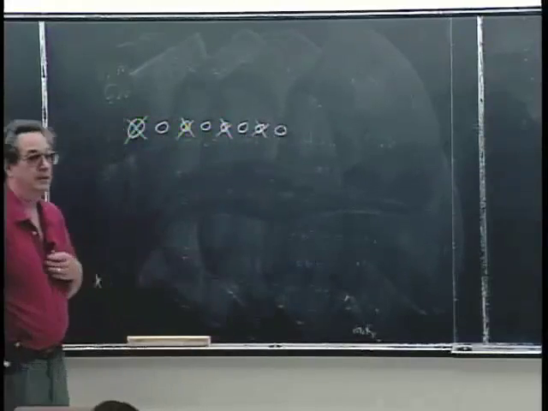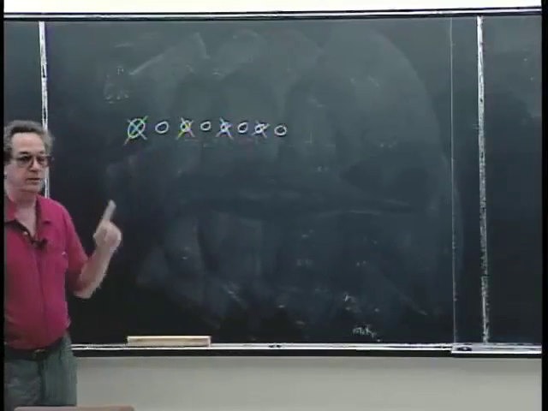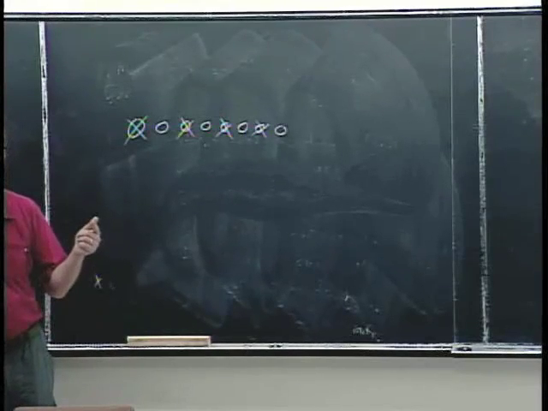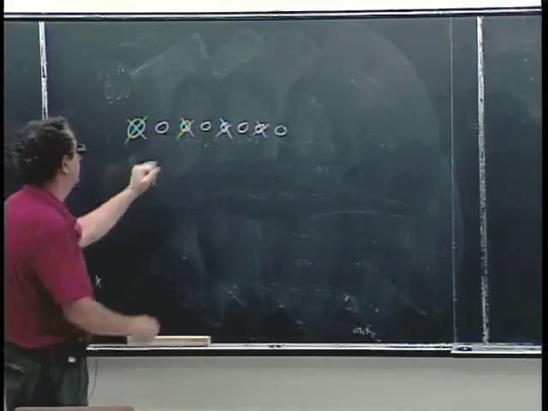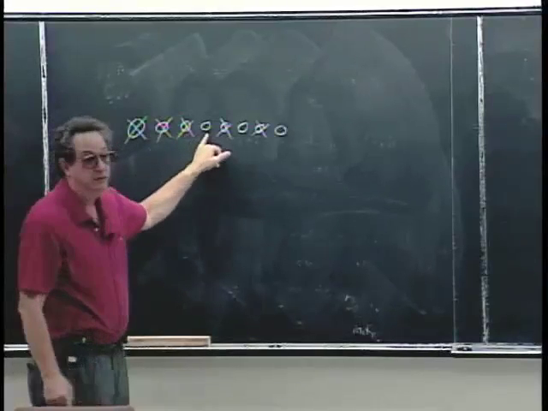Okay? And then go back to the beginning. And again, we're going to cross out every other 0 we encounter, but now we also are going to be encountering x's. Right? So you encounter an x, you don't do anything about that. Encounter a 0, okay? Then you encounter an x, don't do anything about that. Then you encounter a 0.